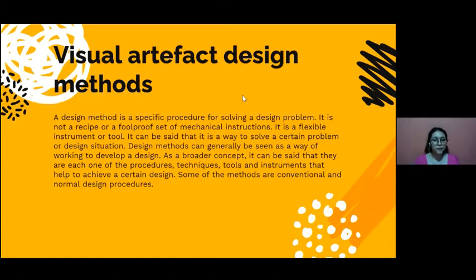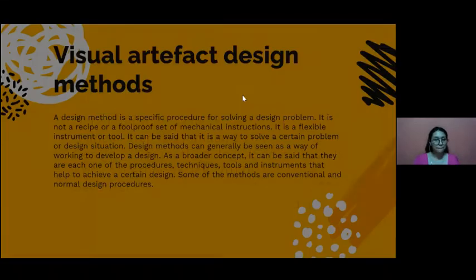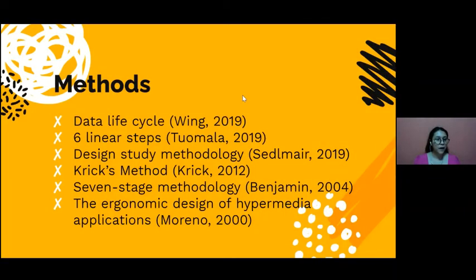Some of the methods are conventional and normal design procedures. And these are some methods that we find, but the one that has the best elements is the ergonomic design of hypermedia applications of Moreno.